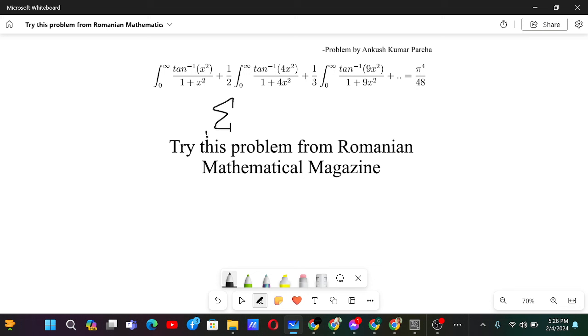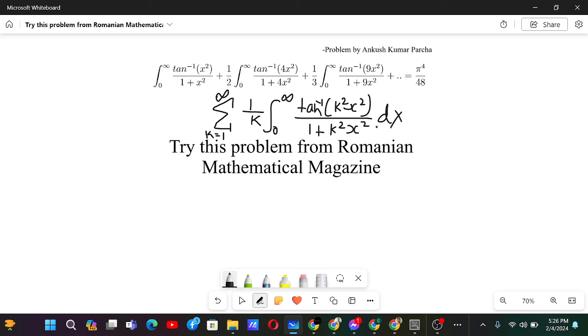So basically, this can be written as the sum from k equals 1 to infinity, and then there's 1 by k in the beginning of the integral, and the integral goes from 0 to infinity of tan inverse of k square x square by 1 plus k square x square dx.